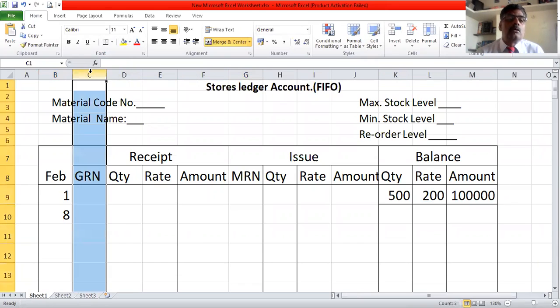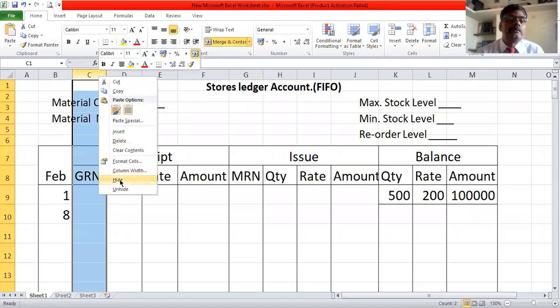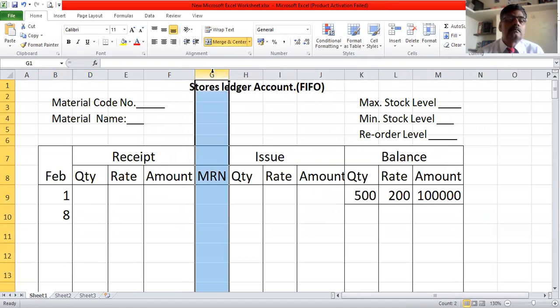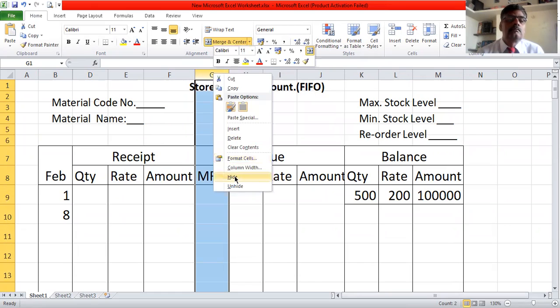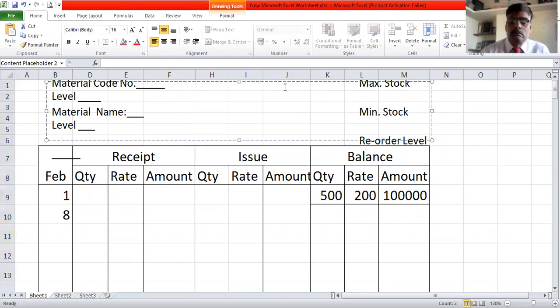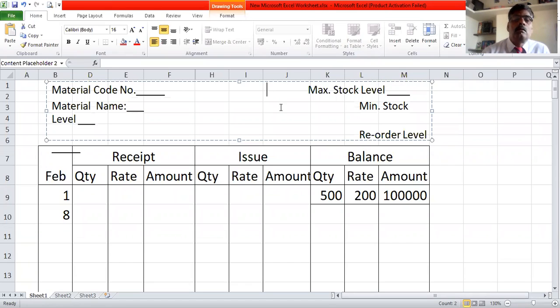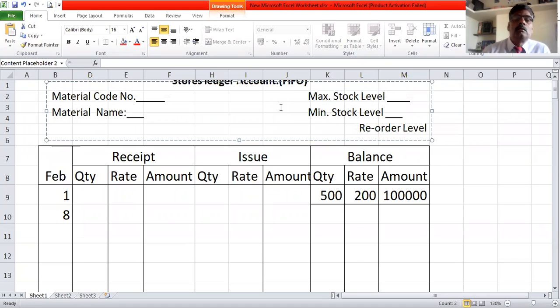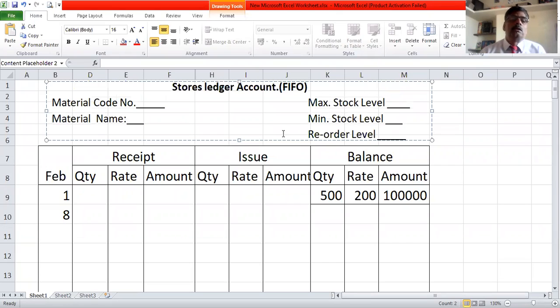Then MR number is not there. You see here, on 8th there is an issue. 250 is the issue.